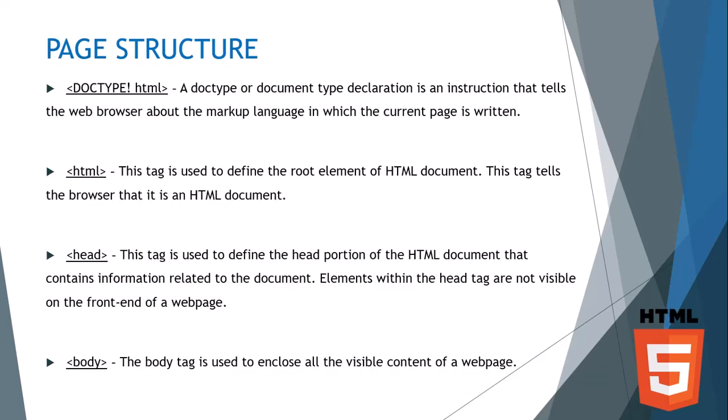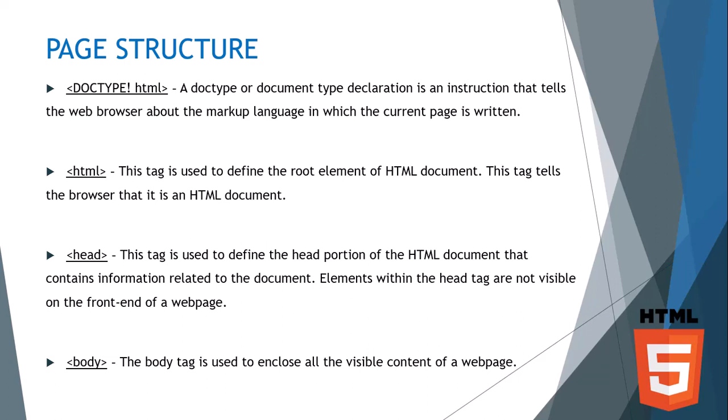Now, explaining each of these tags. The document type declaration, or doctype, is an instruction that tells the web browser about the markup language in which the current page is written. What the doctype does is it tells the web browser what language or what version of HTML is being used.